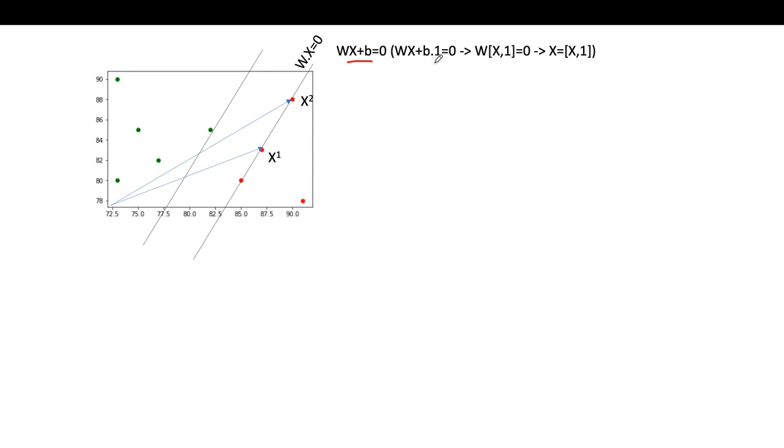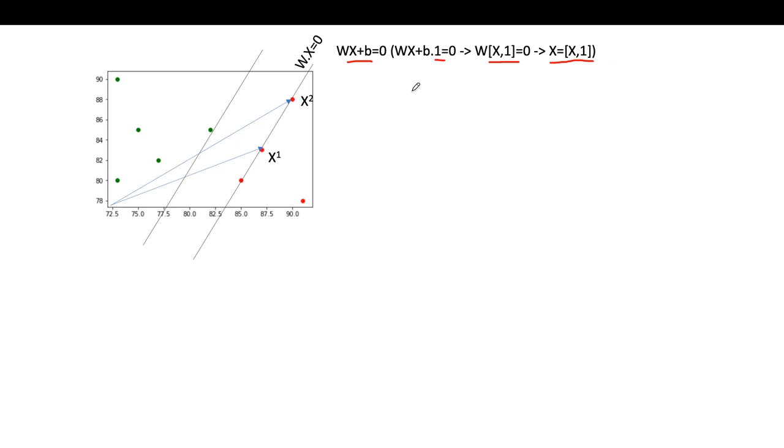What I have done is I have taken an extra x in the form of 1, which is the product of b and 1 actually, and that x includes both x and 1. So x, both x and 1, is considered as an x, and in that way we can represent it as wx equals 0. So it consumes the bias term as an x, and the weight of the bias term is also consumed, so b is a part of w.